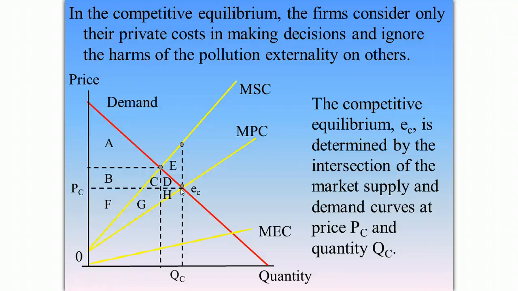Society loses because that unit is produced. There's more costs incurred than there is benefit created. There is an overall net loss from the production of that unit there, simply because the marginal benefit is below the marginal cost. So by going out to QC, society is losing. The firm doesn't necessarily view it that way. The firm is just looking at the costs it's incurring. But for society, there is overproduction.